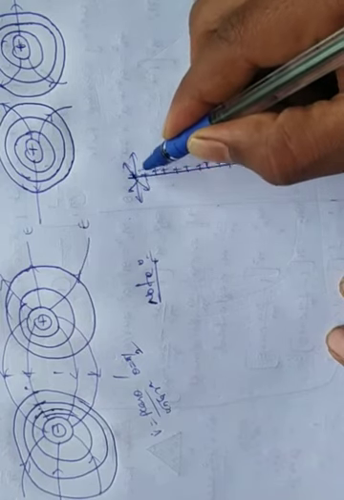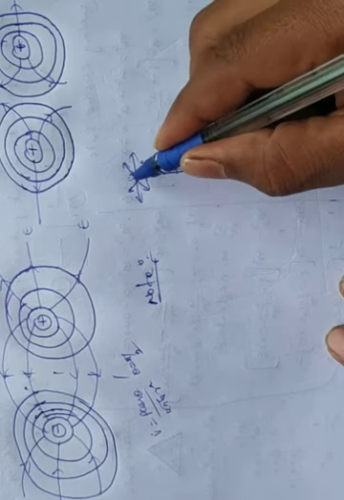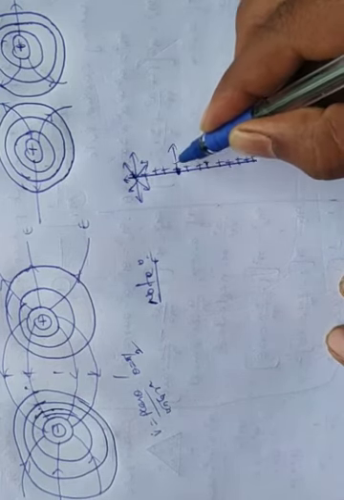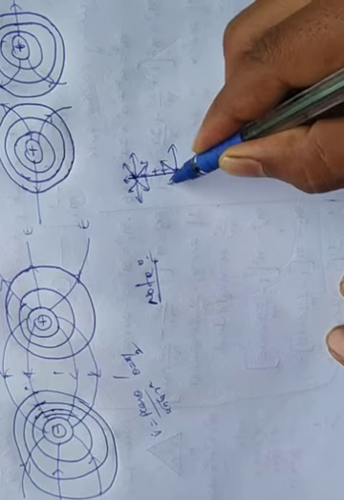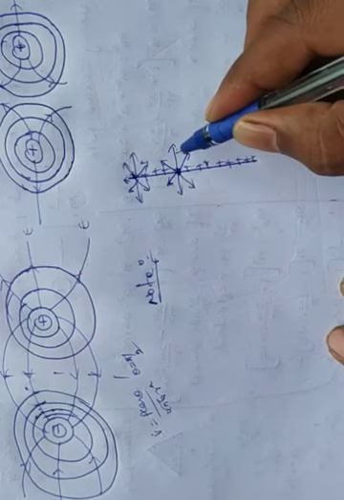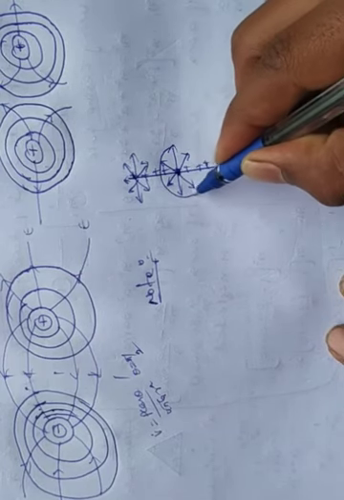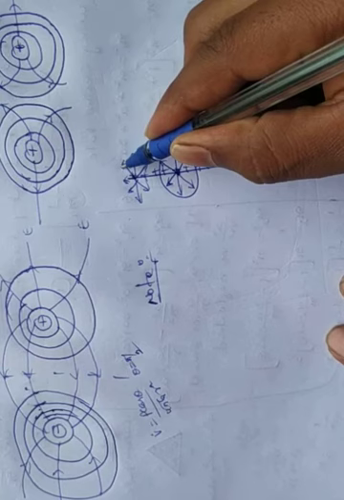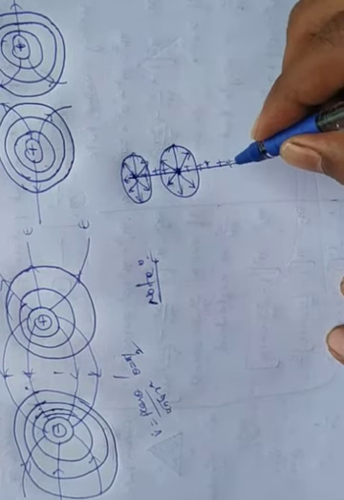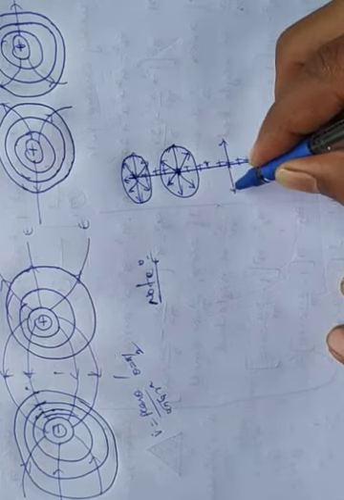If you join all these points, what we get is the equipotential surface like this. And if you take here, we get like this.